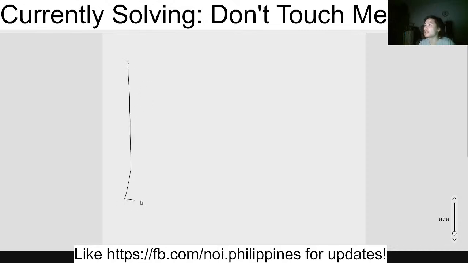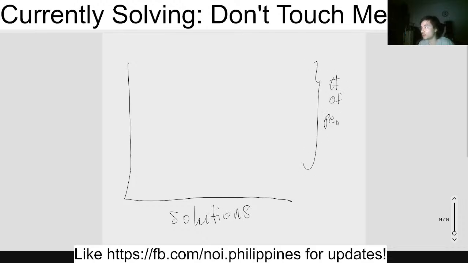Here's the landscape of all possible solutions, and here's the number of people. And the x-axis represents some way to encode the solution numerically. It is not important. Let's just say you found a way to map each solution to a single integer and you graph it.